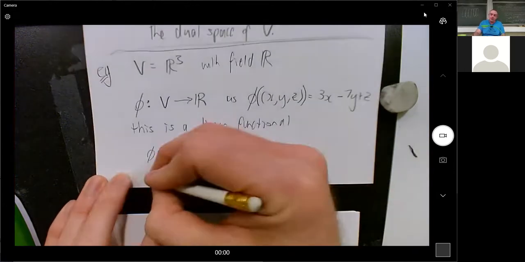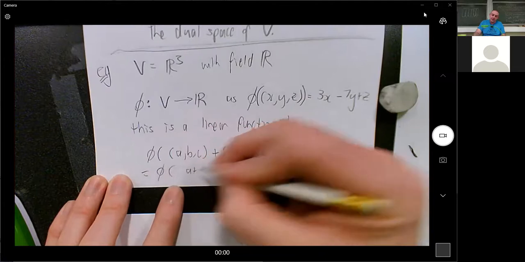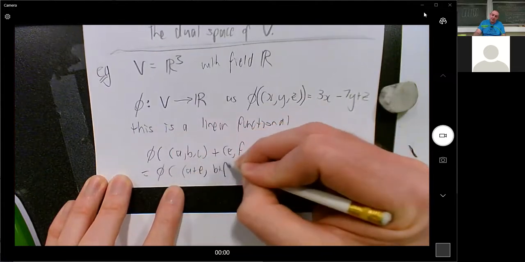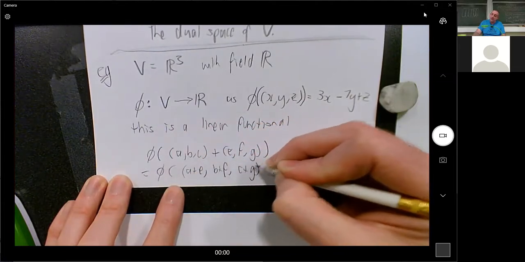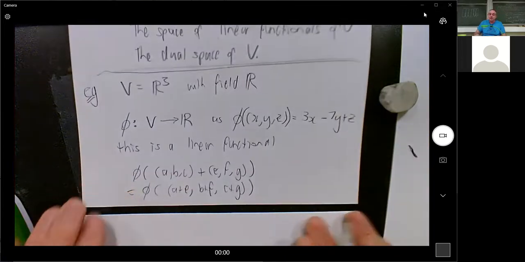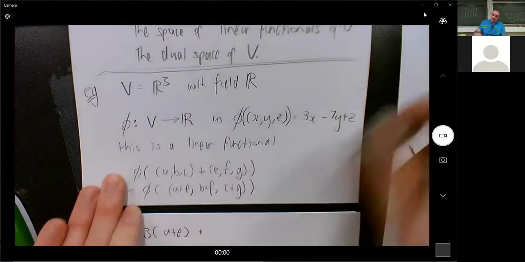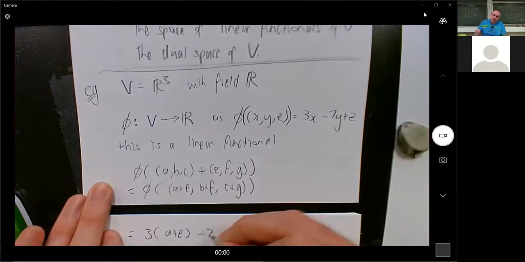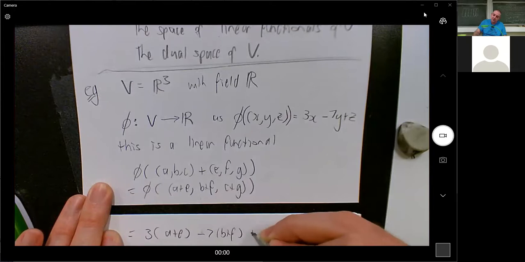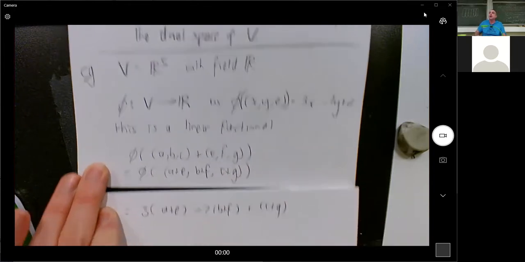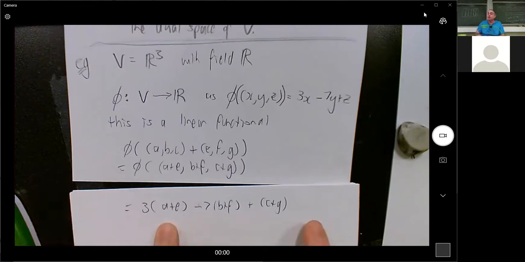It would be phi of A plus E, B plus F, C plus G, which would be 3 of A plus E minus 7 of B plus F plus C plus G, because they are the numbers in the X, Y, and Z position.